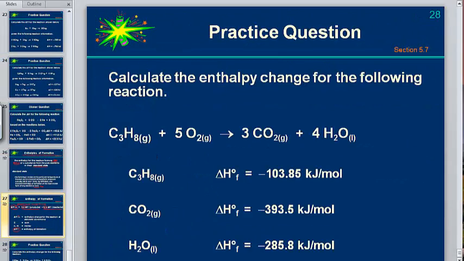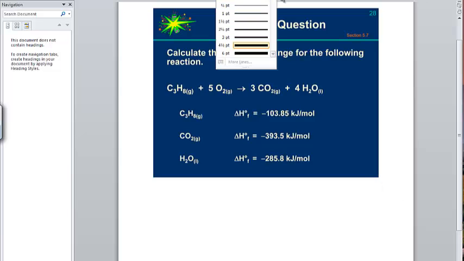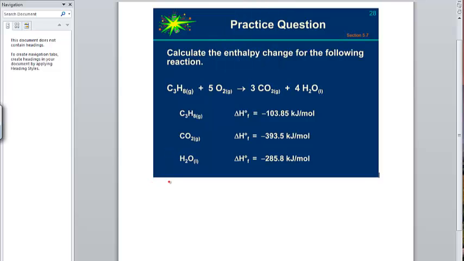All right, so let's get to the actual problem. What I'm going to do is switch to a Word copy of this problem. Let me get my pen. There we go. And so I'm going to reiterate. Here is my reaction. I don't know the delta H for this reaction.